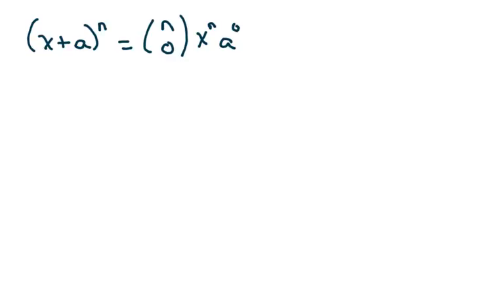Now, we also want to look at basically expanding the binomial. And then I'm going to give you the formula for that. The binomial theorem is when you have some x plus a to the n, that equals n choose 0 times x to the n, and basically it's a to the 0, plus n choose 1, which is a, well, they have x first.